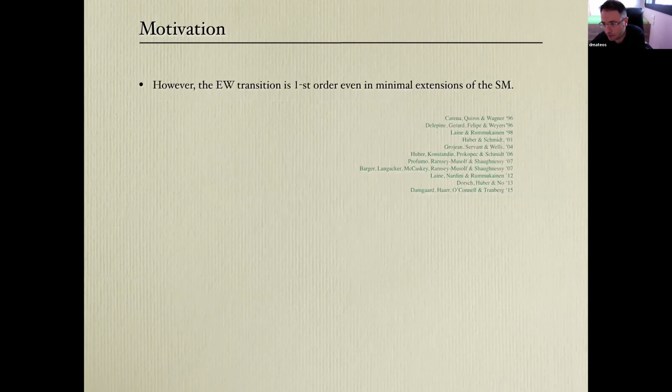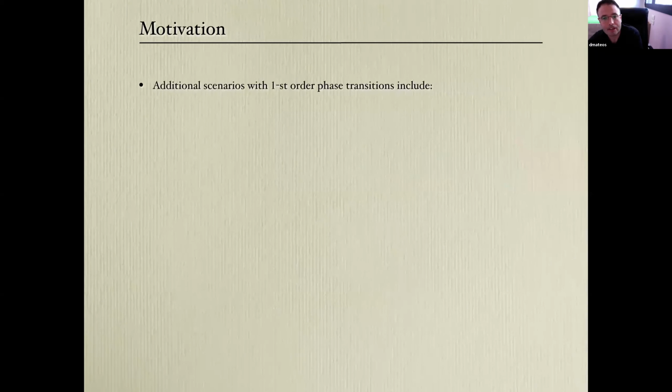However, it turns out that even minimal extensions of the standard model do have first order phase transitions. There are several models of this type. And that's not the only scenario where first order phase transitions appear. There are two more, at least, that I want to mention.